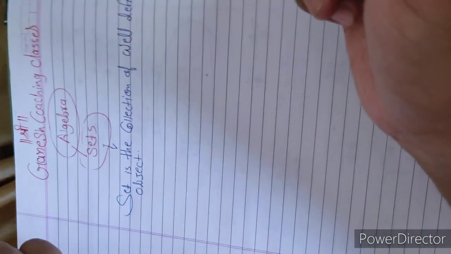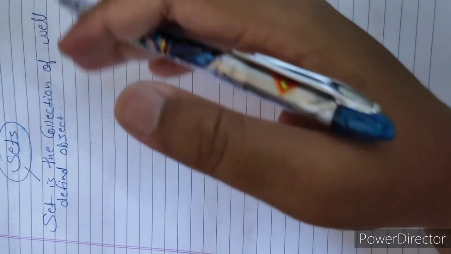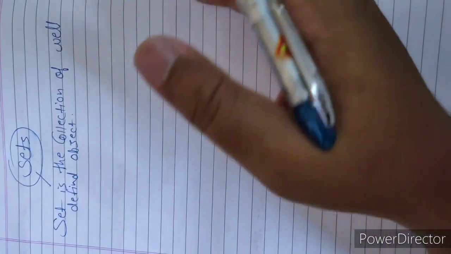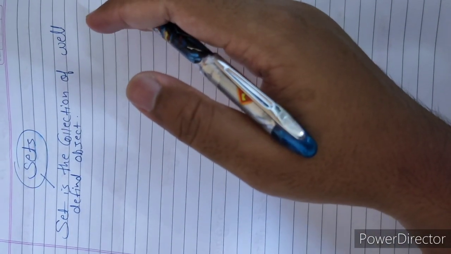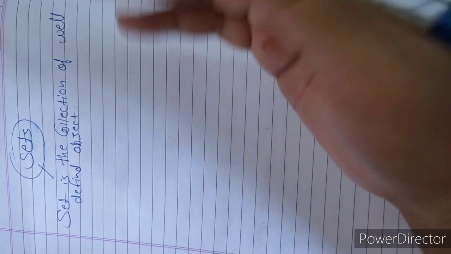If we can definitely and clearly decide the objects of a given collection, then the collection is called a set. In mathematics, for denoting sets there are two methods.